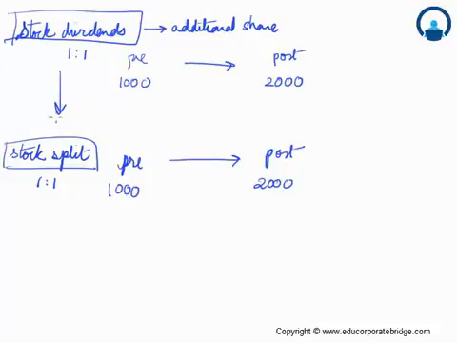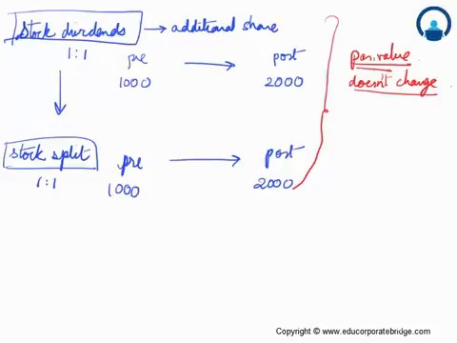There is only one change that comes when we are talking about stock dividends and stock split, and that is the difference in the par value that gets recorded. When we are talking about stock dividends, the par value doesn't change. So say for example, if these were at $1 par value, post issuance this will again remain at $1 par value.